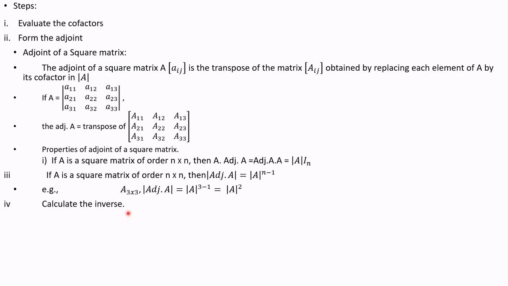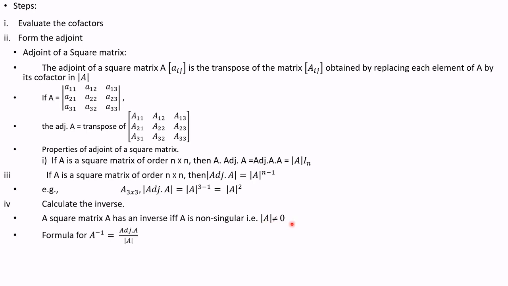Calculate the inverse. After having determined the transpose, we have to calculate the inverse. A square matrix has an inverse if A is non-singular, that is the value of determinant should not be 0. First we have to prove that the square matrix has an inverse, that is its determinant A is not 0. This is the first step we have to prove in the numerical problem.